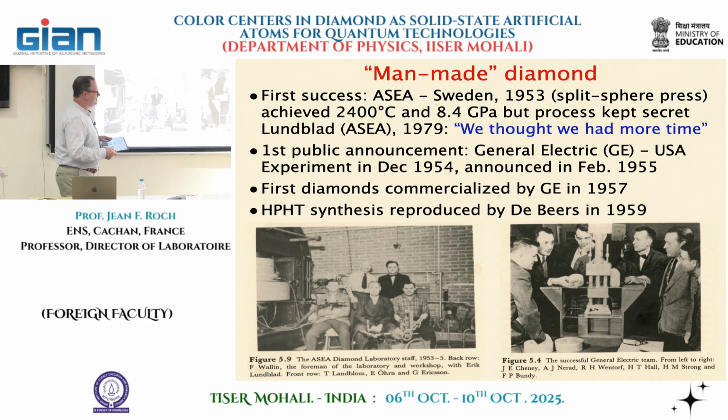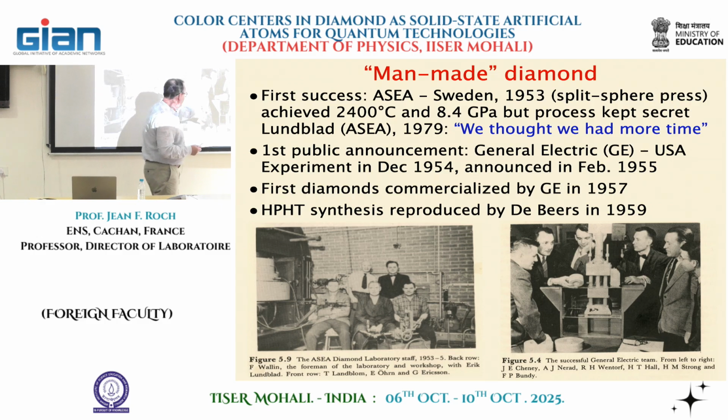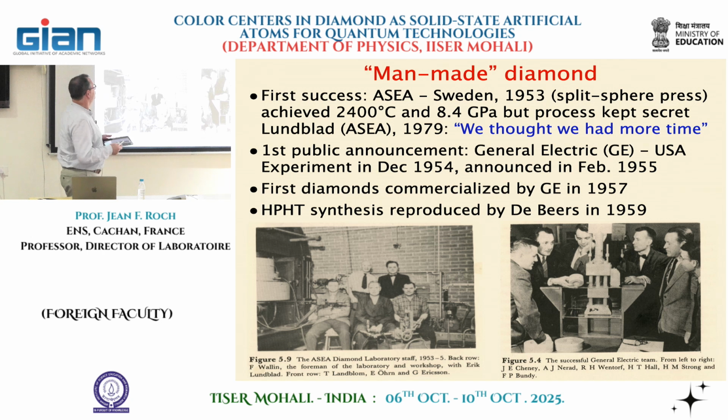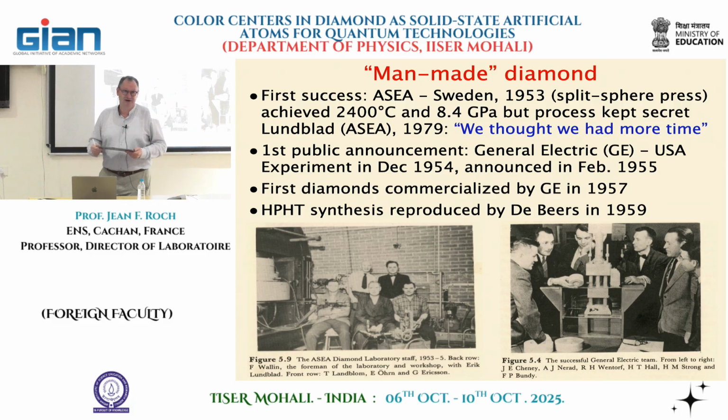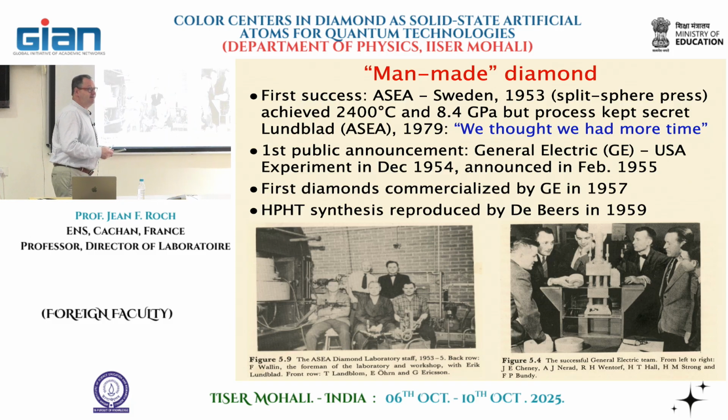But at the same time, there were competing teams in the US at General Electric, and you see here one of their presses in which they were able to grow diamond, following a little bit the same technique, but the press at General Electric was much more reliable than the other one, which was very difficult to handle and also very dangerous, they say.